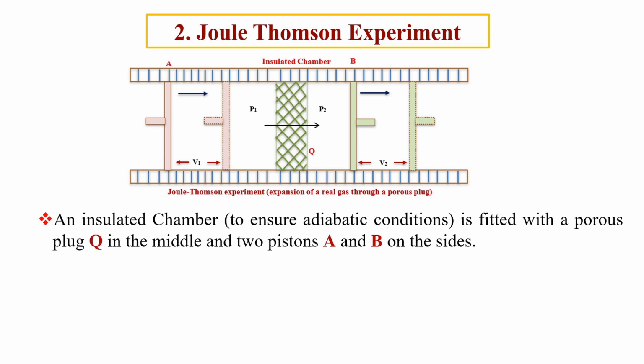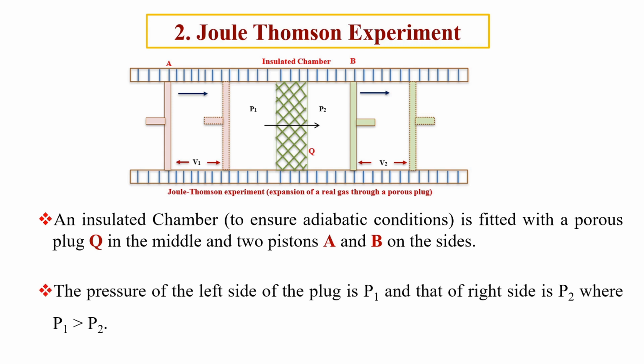This apparatus consists of an insulated chamber which is fitted with a porous plug Q in the middle and two pistons A and B on the sides. This insulated chamber ensures the adiabatic condition so that no heat enters or leaves the system.